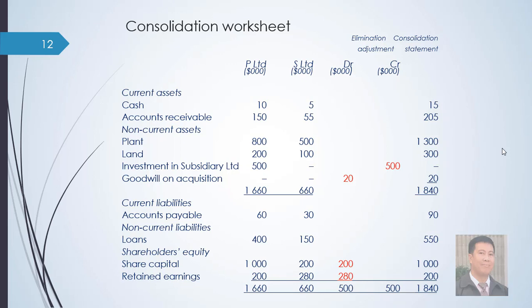You debited 200 in the elimination adjustment. We know that the normal side of the subsidiary is the credit side, so when you debit it, it eliminates the subsidiary's credit. So we have on the consolidated statement 1,000, or 1 million. For retained earnings, same approach: eliminate 280, then we have 200. Then get the balance, and you will have this result.